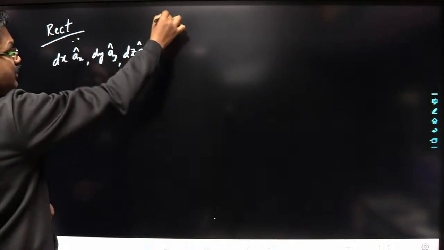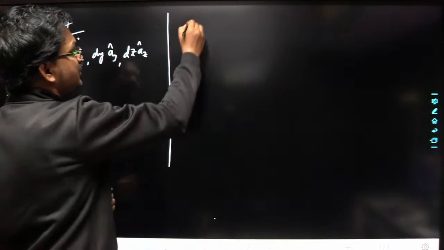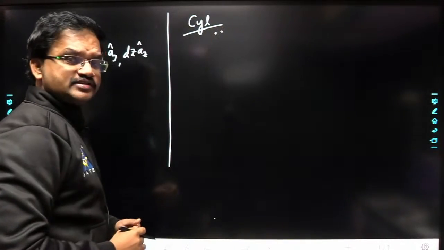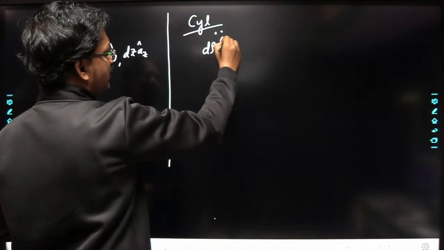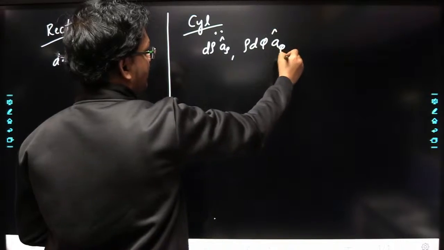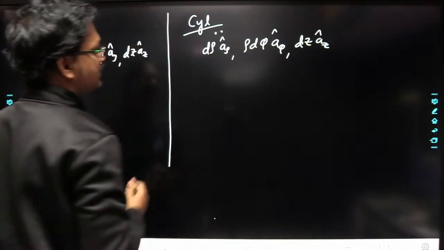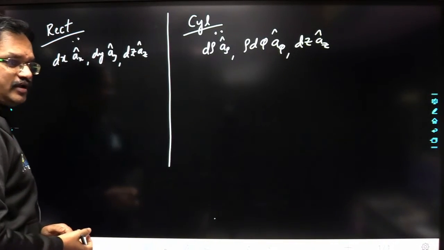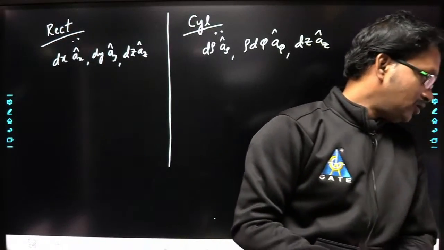And in the cylindrical coordinate system, the differential lengths are d rho a rho cap, rho d phi a phi cap, and dz az cap.